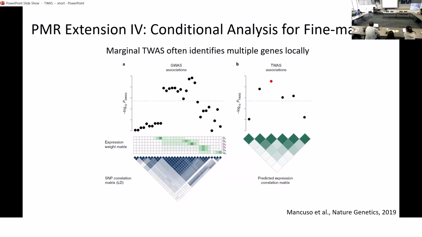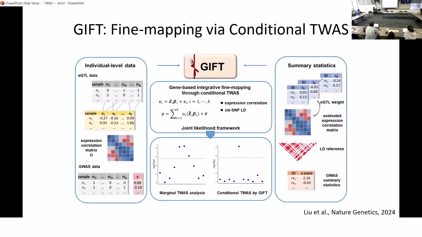So you tend to see a lot of local TWAS signals. And the goal is, instead of picking up all the top ones, to ask which one is more likely to be causal, which one is actually causal. Therefore, we decided to extend the PMR towards TWAS fine mapping analysis. We developed a method called GIFT, which is the gene-based integrated fine mapping through conditional TWAS. It's doing a conditional TWAS analysis.